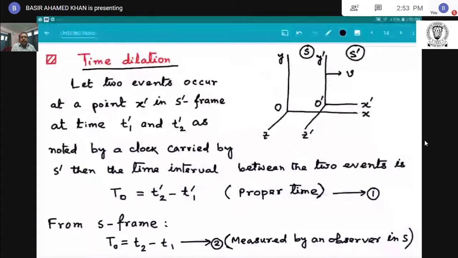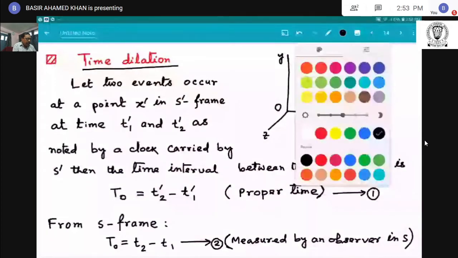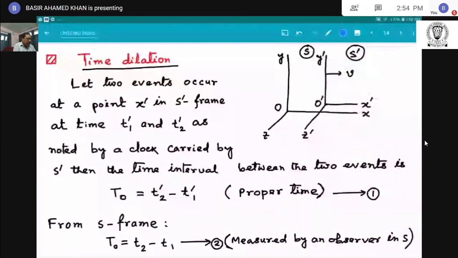Let us consider two inertial frames S and S dash. S has coordinates x, y, z, and the S dash frame has x dash, y dash, z dash.